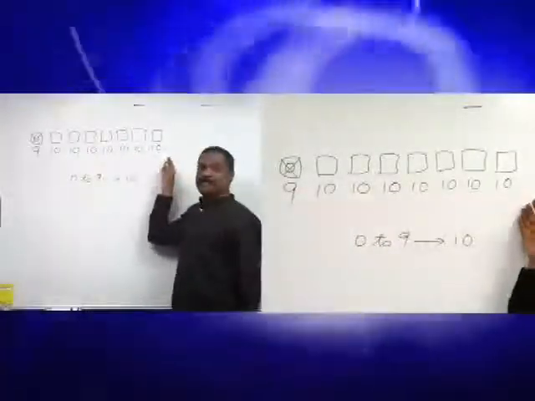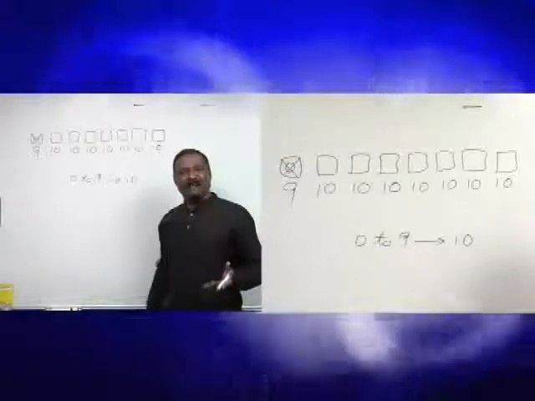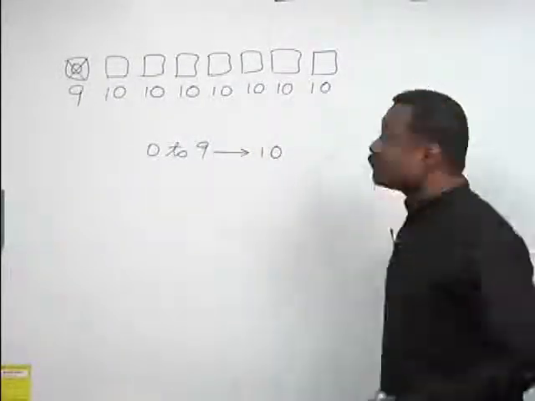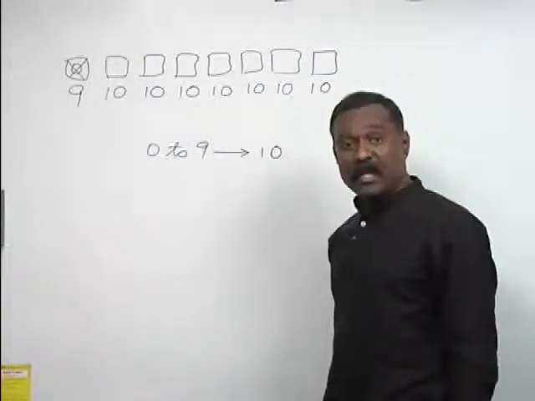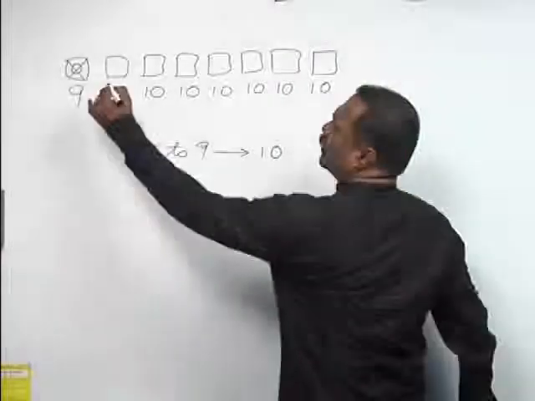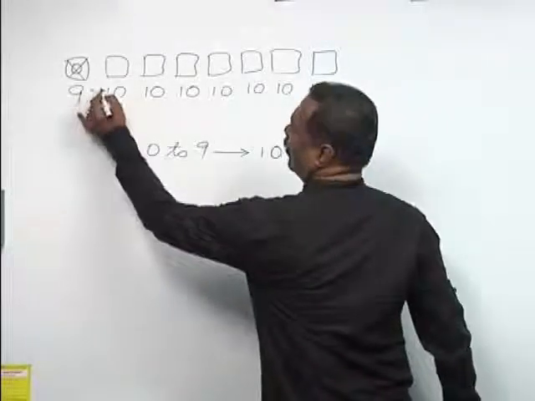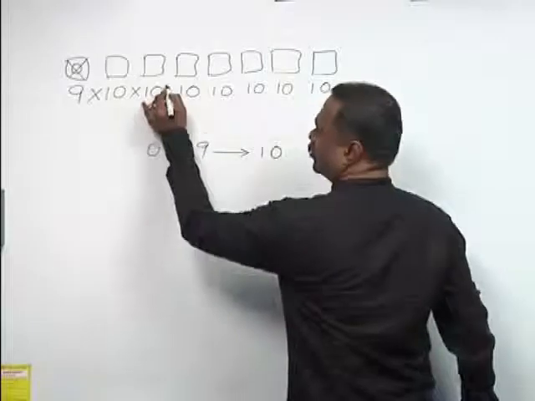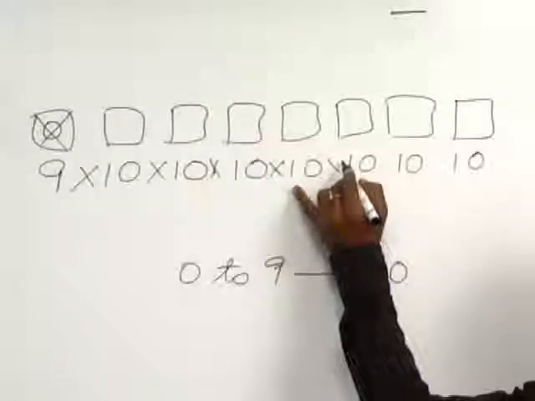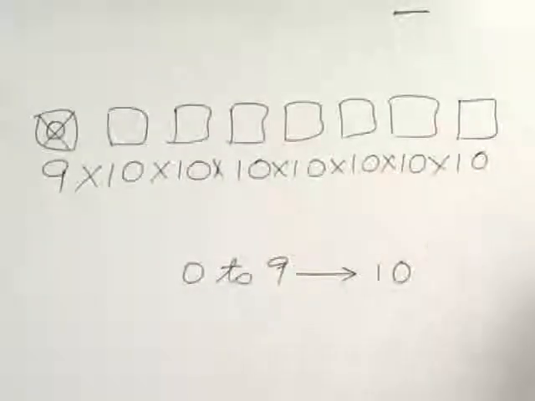All these operations, one after the other, or simultaneously, can be performed in how many different ways? 9 into 10 into 10 into 10 into 10 into 10 into 10.